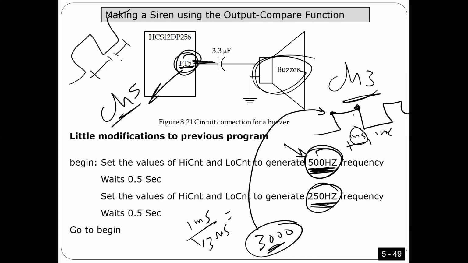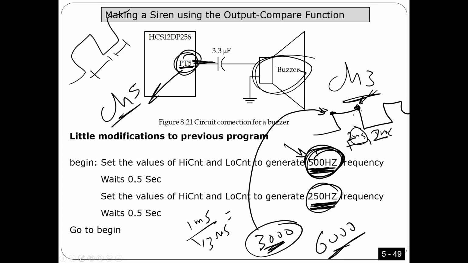So if I want to generate 500 hertz, all I'm going to do, guys, is modify the program I just made, so that I use 3000 here, and also 3000 here, right? Now, if you want to generate 250 hertz, this one should be 2 milliseconds and this one should be 2 milliseconds, right? That means I need 6000, and 6000 here, right?